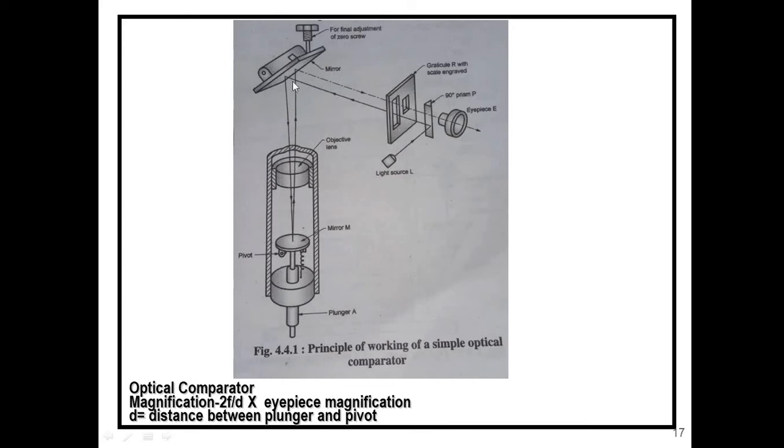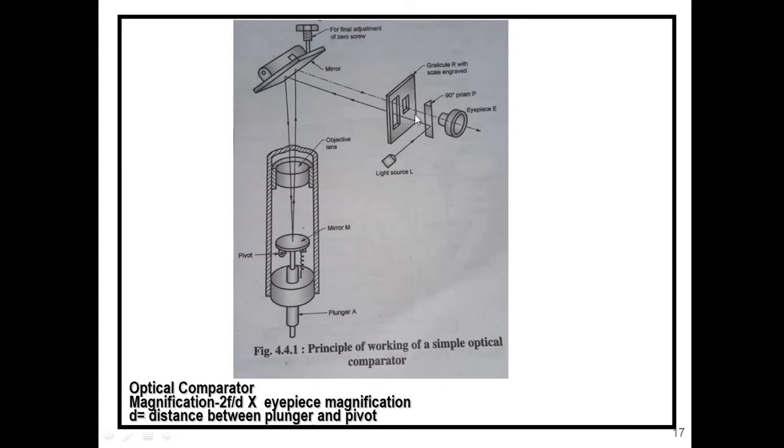Accordingly, as the plunger moves, the image of the scale, which is photographically engraved on this graticule, changes its position, and the change in position of the scale can be measured with respect to the original or ideal position.